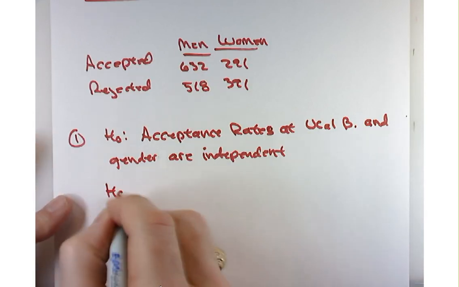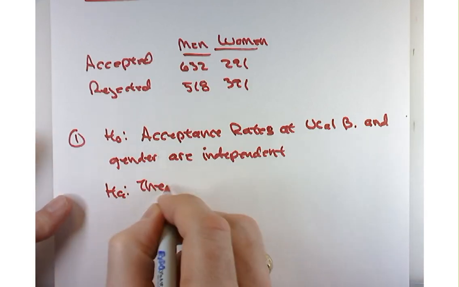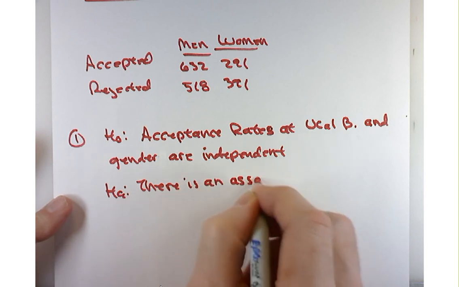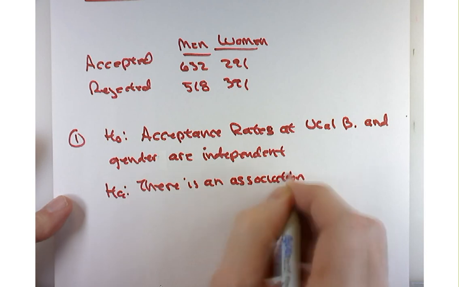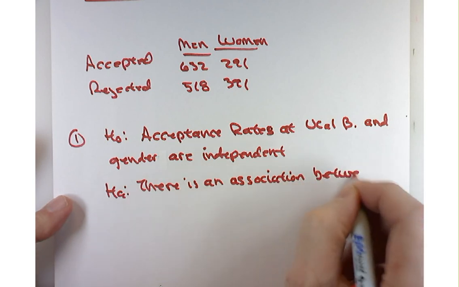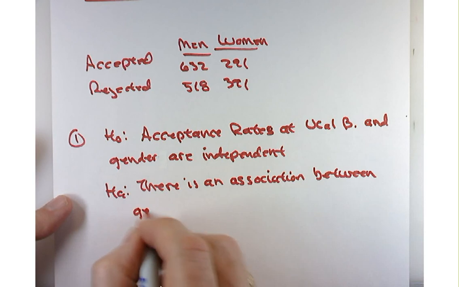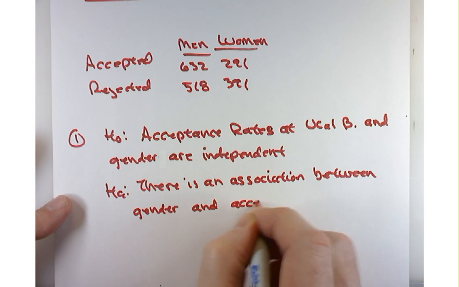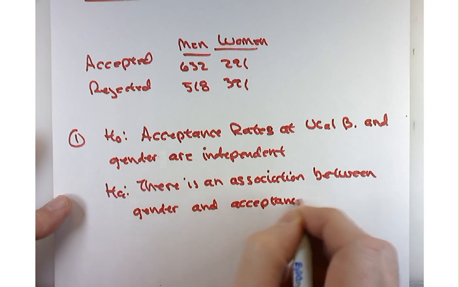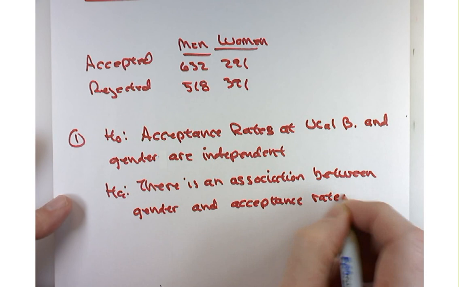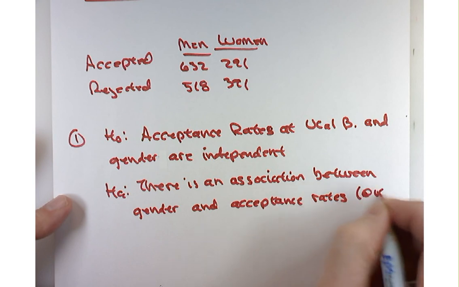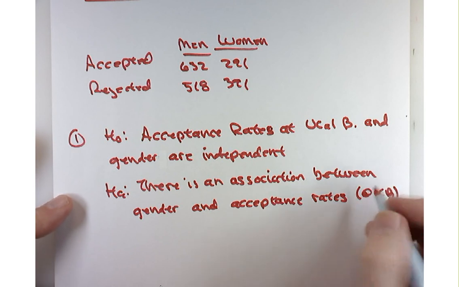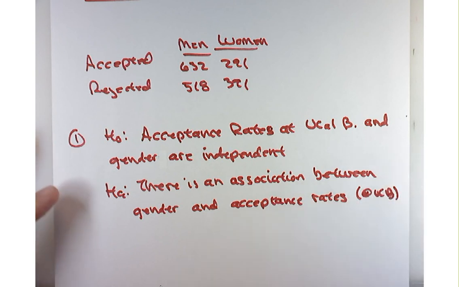And the alternative hypothesis is that there is an association between gender and acceptance rates at University of California, Berkeley.